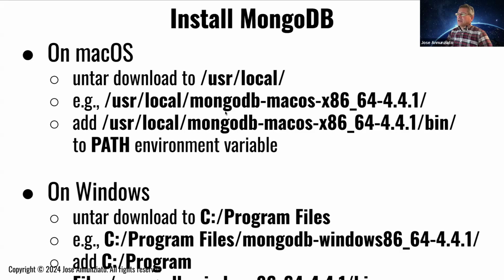On Windows, typically that bin directory is under the user's local MongoDB. There's a bin directory, so add that to your path. Using Mac OS, on Windows, you can open up your environment variable editor and add the path to your path variable.